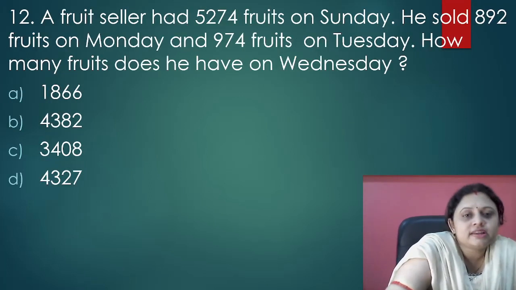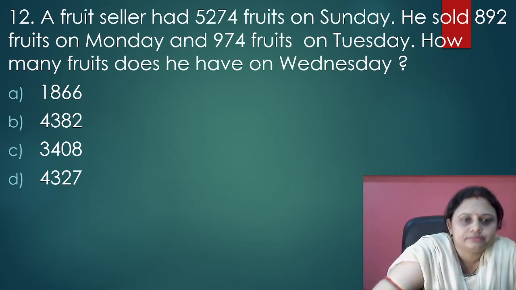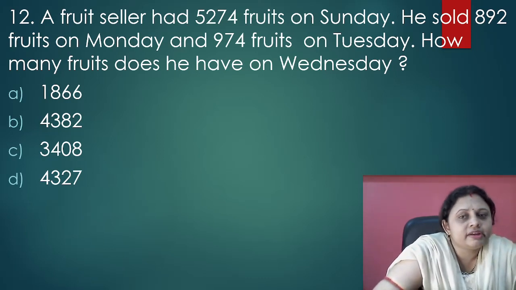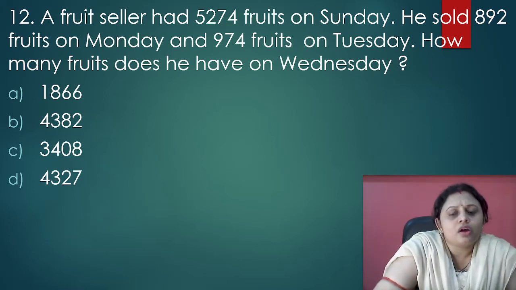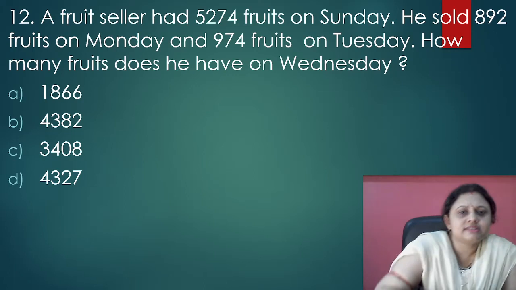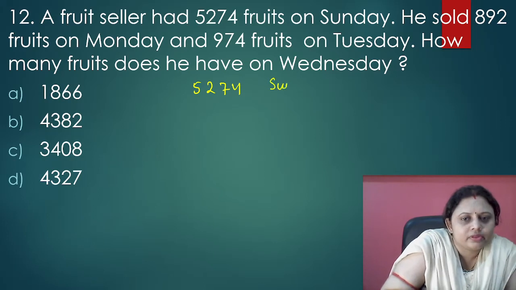A fruit seller had 5,274 fruits on Sunday. He sold 892 fruits on Monday and 974 fruits on Tuesday. How many fruits does he have on Wednesday? That means on Sunday he had 5,274, the number which was present.